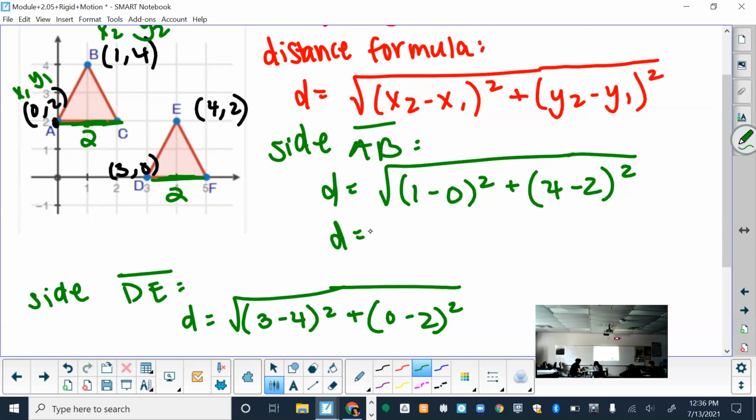All right, what do we get for side AB? What measurement do we get? Round it to 2 spaces after the decimal.